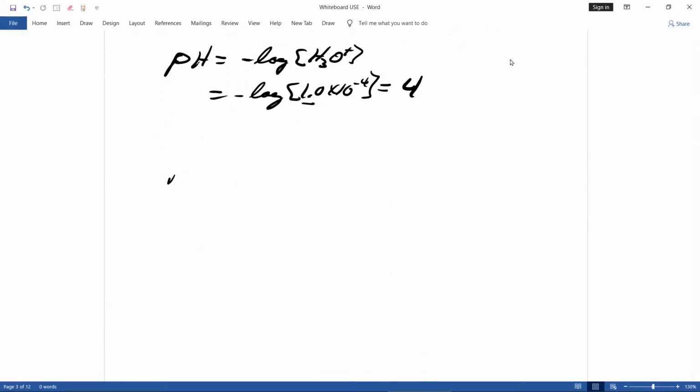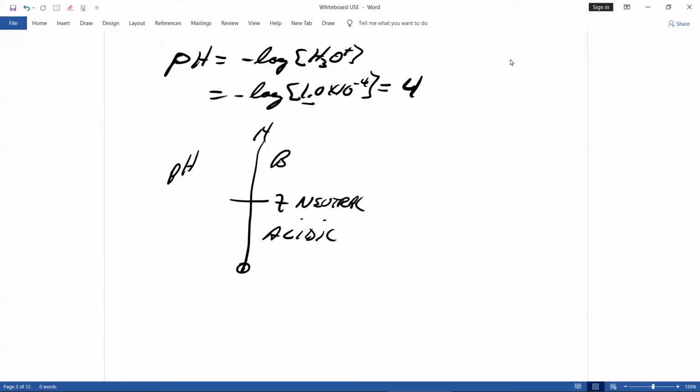And you should know the following. You don't have to write it down, but I will. When it's 7, it's neutral. When it's less than 7, it's acidic. And when it's more than 7, it's basic.